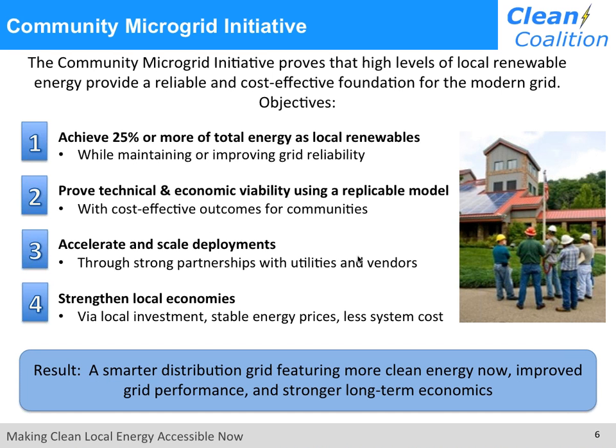And finally, the final objective is to strengthen local economies. And so community microgrids bring in quite a bit of local investment. They stabilize energy prices by using renewable energy technologies as opposed to other, obviously, commodity options for energy, and with providing an overall system cost that's lower than the conventional method for consuming or producing and distributing energy over the transmission grid.